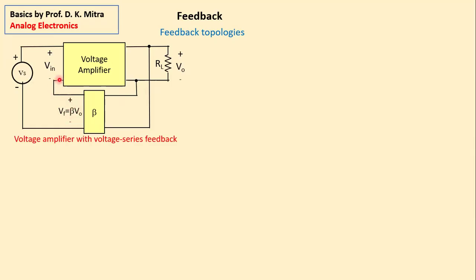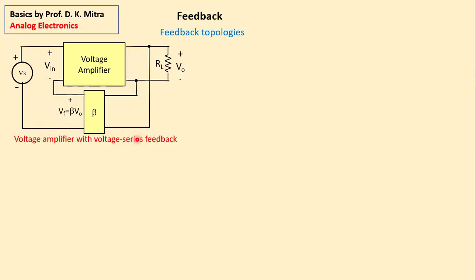And this is added here. If VF is given in series with VS, and the polarities are like this, then obviously input is Vs minus Vf. So this is a voltage amplifier with voltage feedback and feedback in series. That is why it is called voltage amplifier with voltage series feedback.